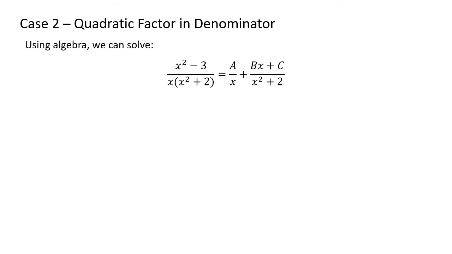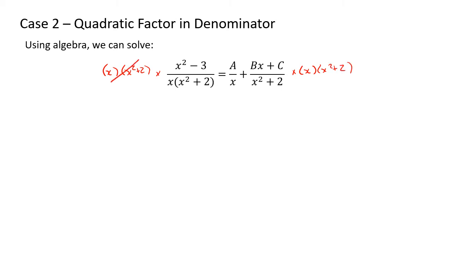I'm going to show you a slightly different way to solve for the constants a, b, and c because of this addition of an x term here. So it starts off the same. We multiply both sides by all of the factors, so x and x squared plus 2, to remove the fractions. So x times x squared plus 2.